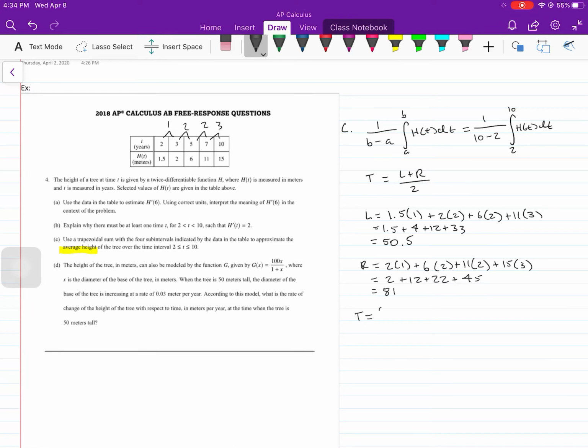So our trapezoid sum is going to be 50.5 plus 81 divided by 2. So that's 131.5 divided by 2.